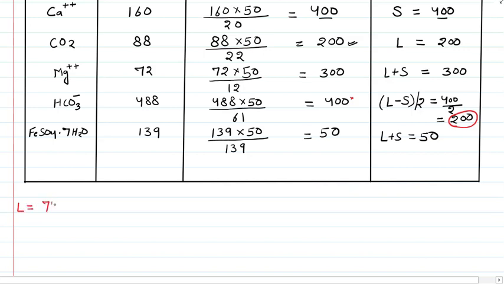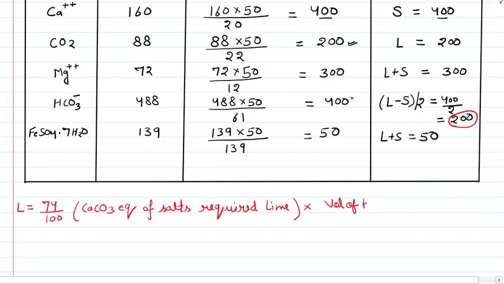The formula is 74 upon 100 multiplied by the calcium carbonate equivalent of salts requiring lime, multiplied by the volume of water, divided by 10 raised to the power 6 into 100 upon percent purity. In this question there is no percent purity given, so we will consider it as 100%.